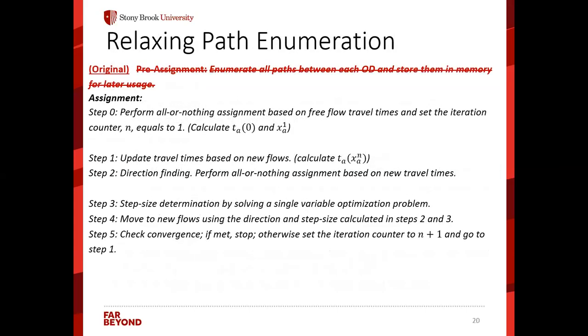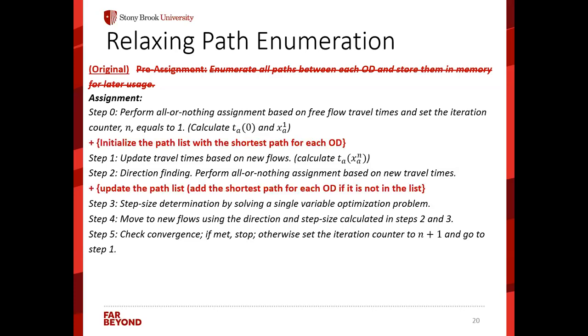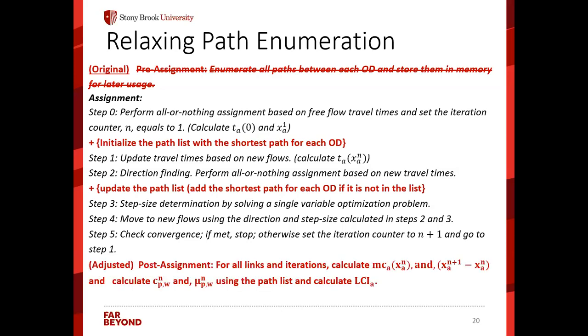For relaxing path enumeration, what we did was get rid of the path enumeration, but we keep track of the shortest path within the Frank-Wolfe algorithm. This is a pseudocode for the Frank-Wolfe algorithm. At the very end, we stored all intermediate iteration flows and all the data, and we calculate the LCI as a post-assignment step by using the path list that we tracked and populated within the algorithm.